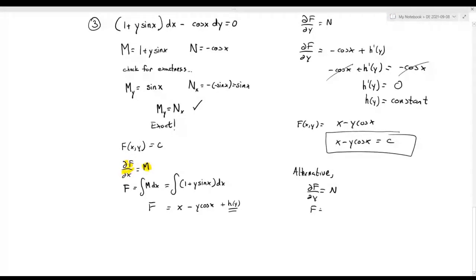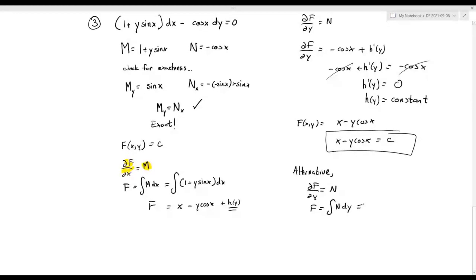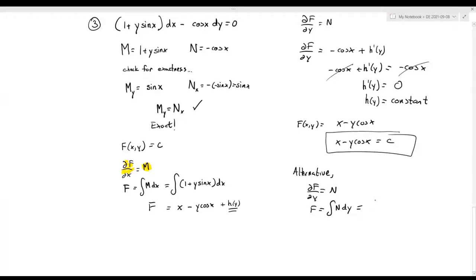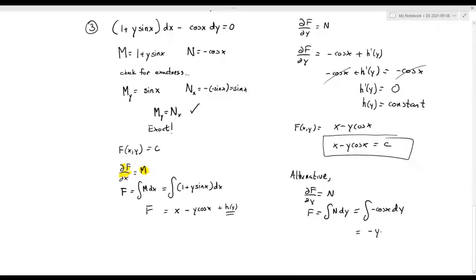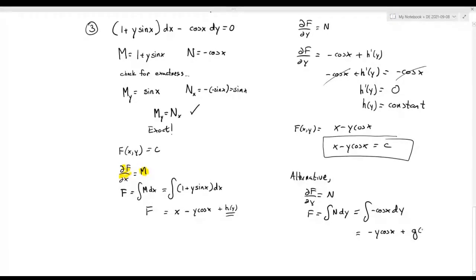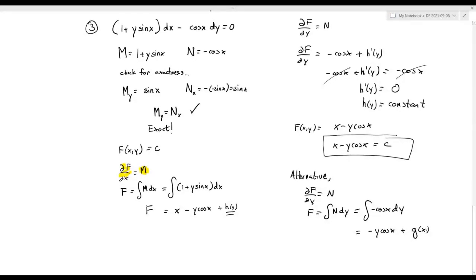We can recover big F by anti-differentiating N with respect to y. Oh, my bad, it's an antiderivative with respect to y. So minus y cosine x. And then instead of a constant of integration, we get a function of the other variable. So here we're anti-differentiating with respect to y, so this must be a function of x. Let's call it g of x.